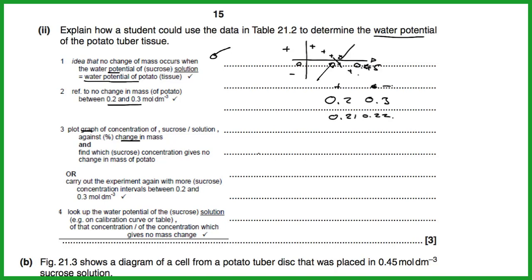Alternately, you could carry out the experiment again with more concentration intervals between 0.2 and 0.3 and then look up the water potential of the sucrose solution in a table, and that would give you the water potential of that solution.